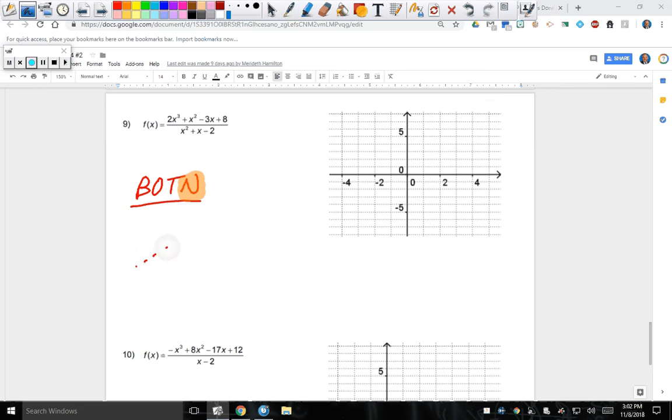There'll be a slant, or a quadratic, or a cubic, and so on and so forth. All of these are bottom. Go with me? Bobo, this is where your horizontal is. But anyway, so this is where your horizontal asymptote is.